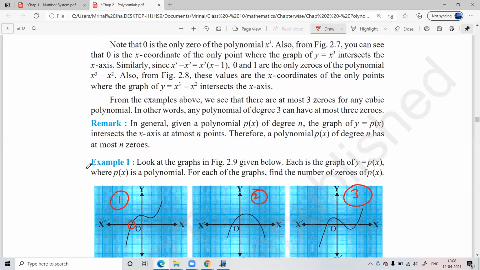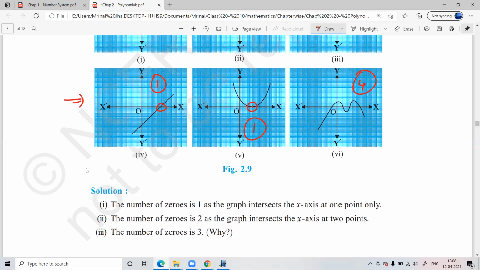Yes, a degree 4 polynomial, it can be biquadratic. Like I told you, even a higher degree polynomial may have 4 zeros. Even a 5th degree polynomial may have 4 zeros. But yes, for now, you can just consider this as biquadratic or quartic. So these will have 4 zeros.